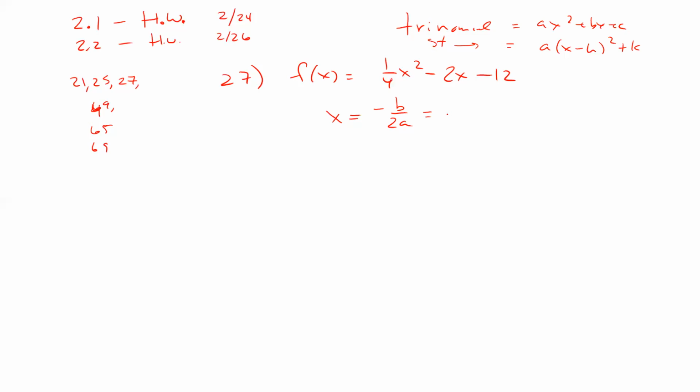So let's plug it in. It becomes the negative of negative 2, so it's 2, over 2 times 1/4. Negative 2 is a 2. This one I can reduce: 2 and 4 reduce down to 1 and 2.